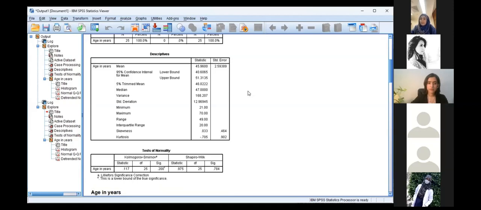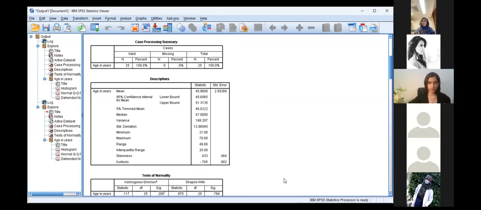So whenever your test of normality, the Shapiro-Wilk or Kolmogorov test, has a p-value more than 0.05, it means your data is normally distributed. It means a symmetrical bell-shaped curve will come when you assess it. So in this case, mean and standard deviation are the appropriate measures of central tendency and dispersion that you can report, right?